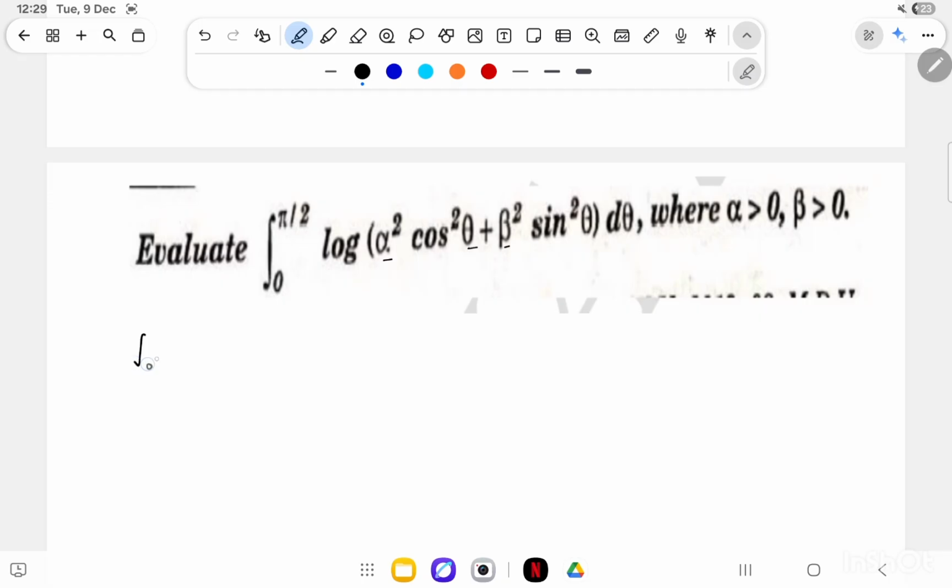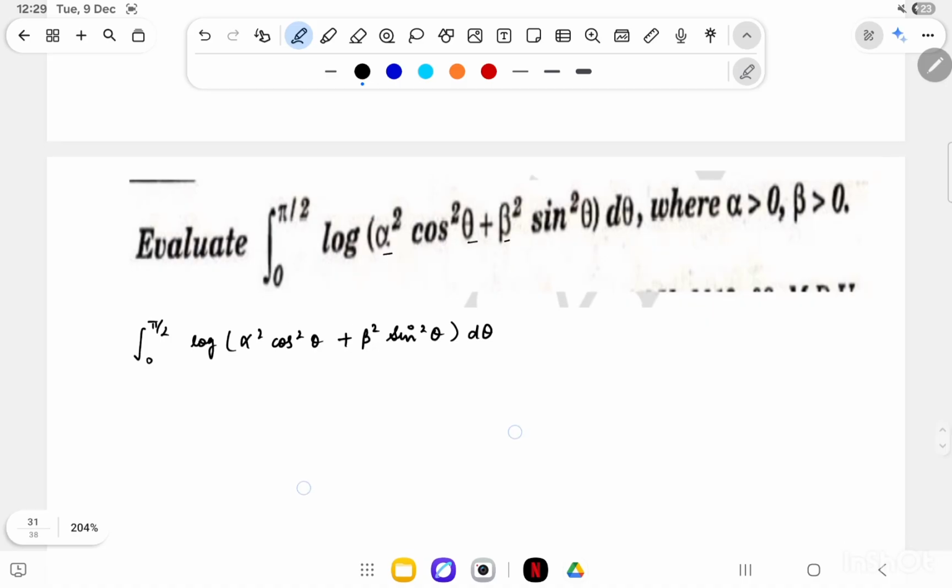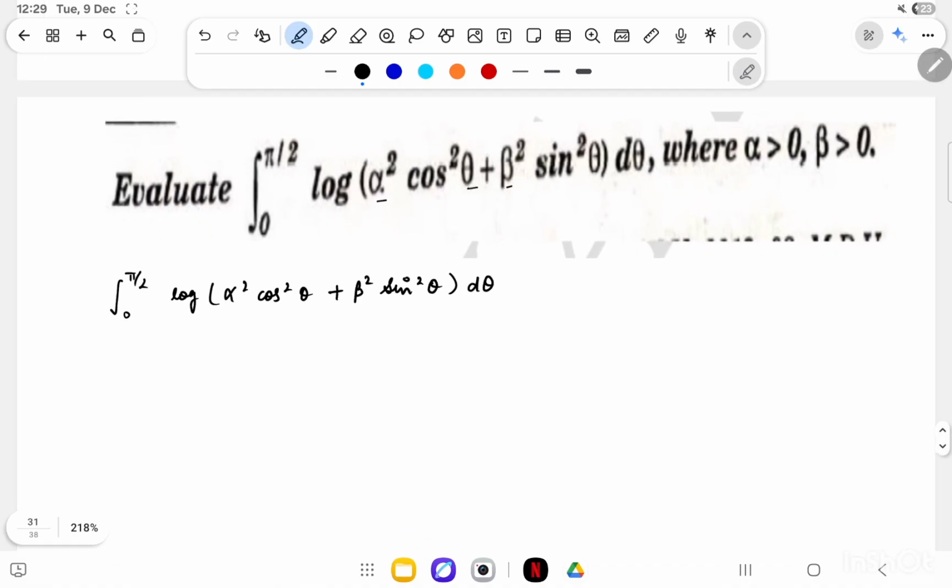So we are supposed to evaluate 0 to pi by 2 log alpha square cos square theta plus beta square sin square theta d theta. This is what we are basically supposed to evaluate. So first thing is, let's just replace cos square theta with 1 minus sin square theta.